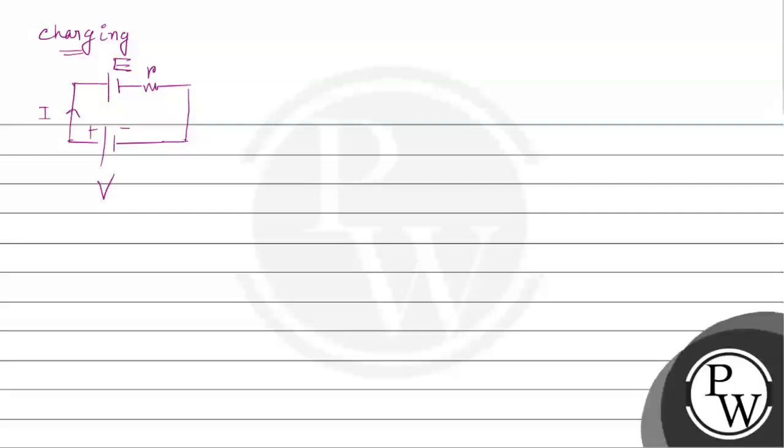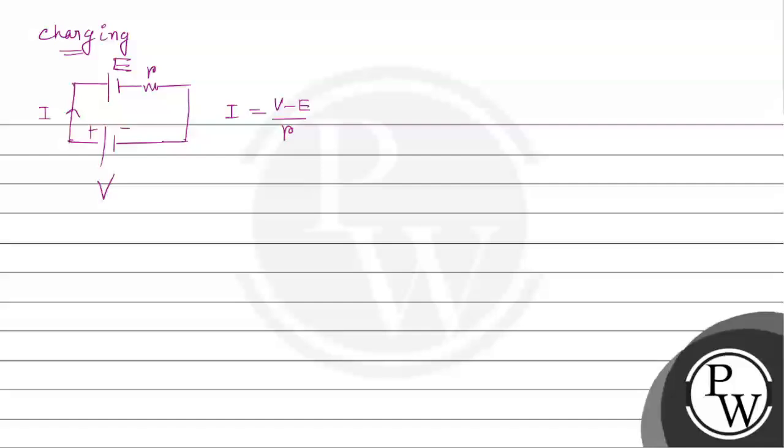Okay, and in case of charging, current flows from anode to cathode, and we can write that I equals V minus E by small r. So V is the terminal voltage in this case, which is also the external voltage.